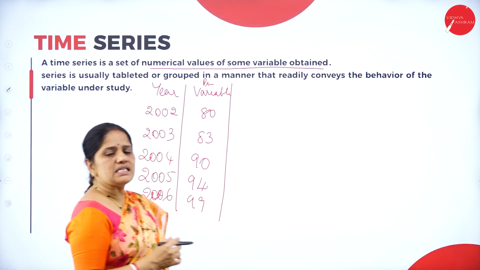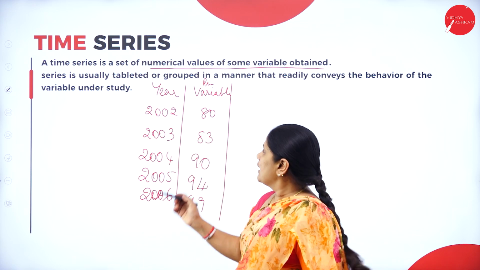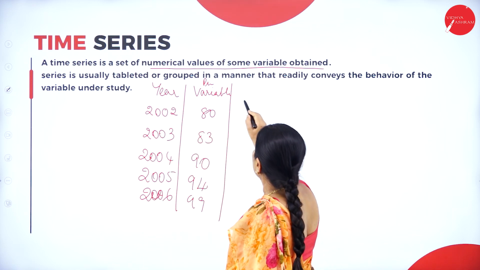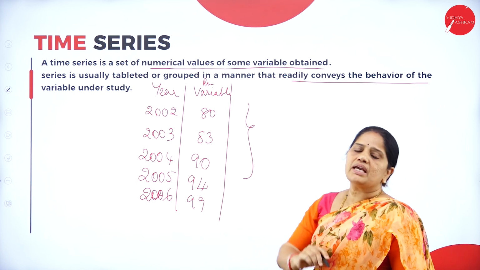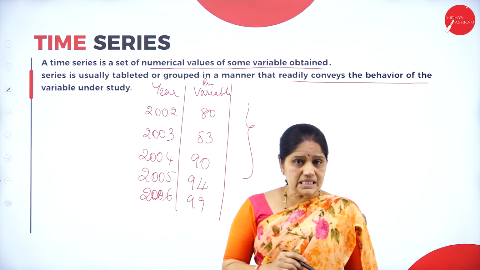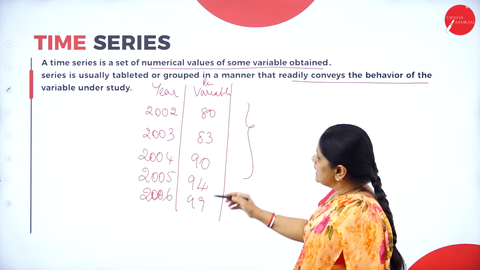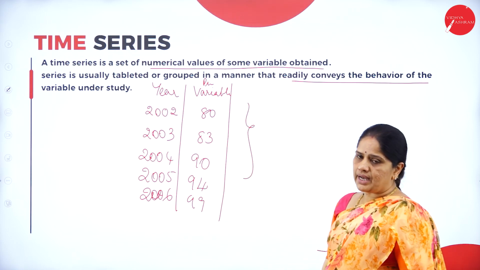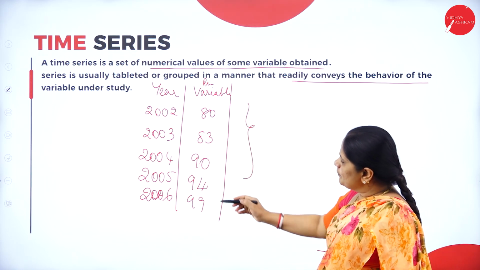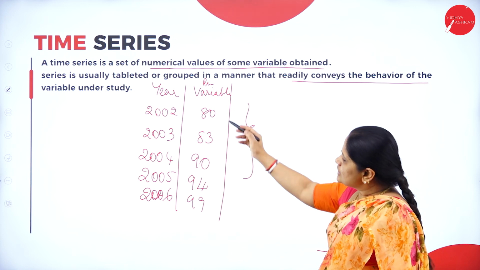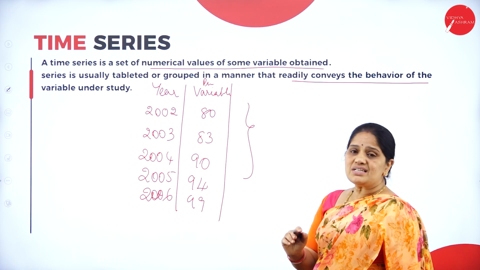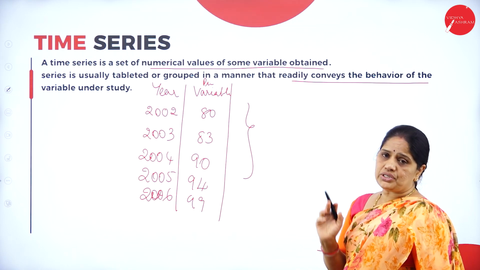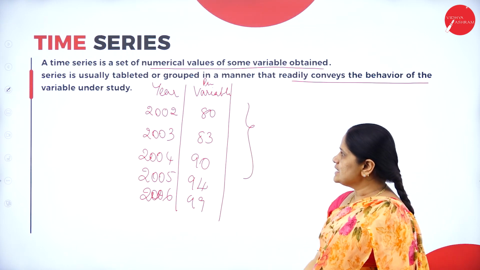So it is a set of values along with the variable, and it is grouped in a manner that readily conveys the behavior of the variable under study. Now, suppose we are studying the variable related to production. Now, it is grouped in such a manner that as soon as we see the variable, we will be able to know what is the production of that particular company in the various years.